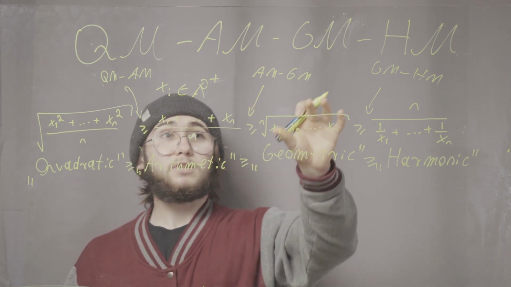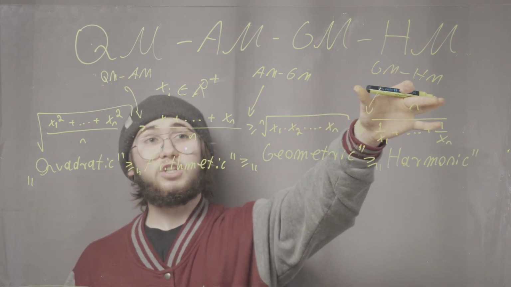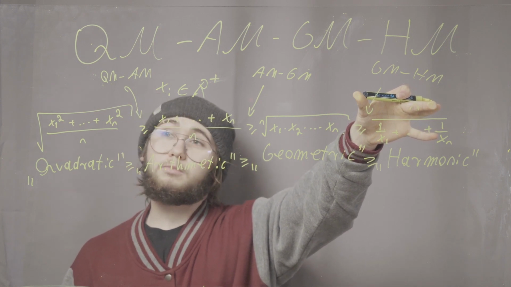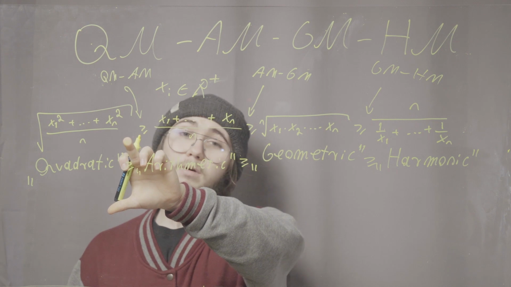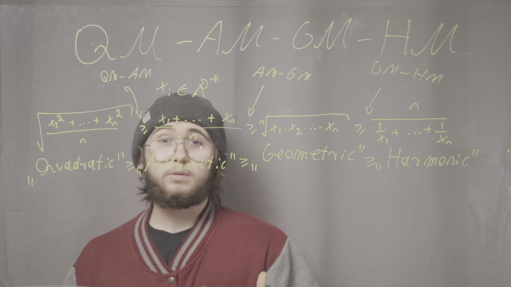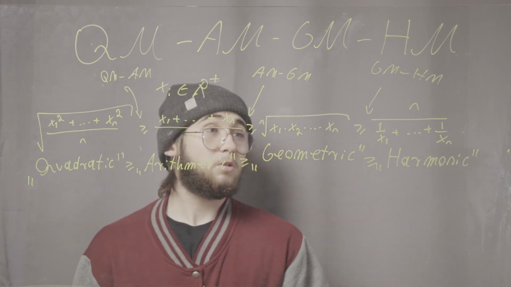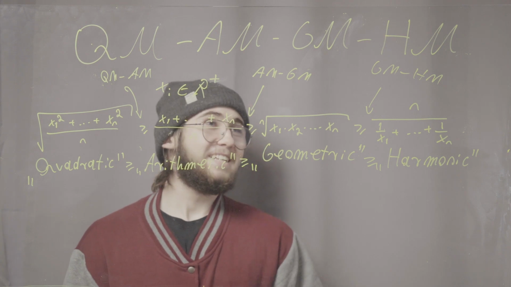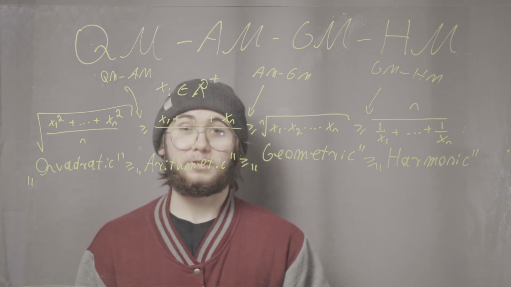So today we will be focusing mainly on AM-GM and GM-HM. We will also probably do one problem about the QM-AM inequality. We will also be covering some optimization stuff, and as you can see, I'm excited, so let's go on and solve some problems, guys.